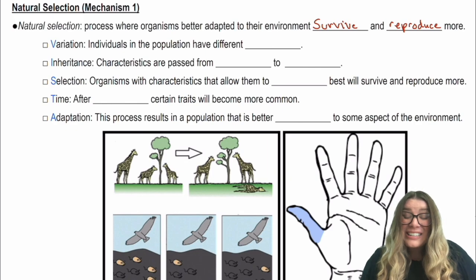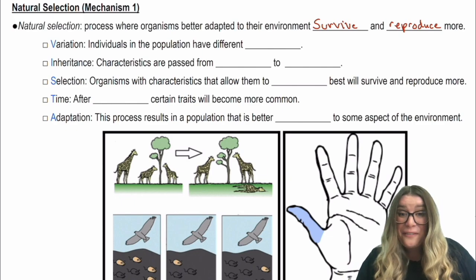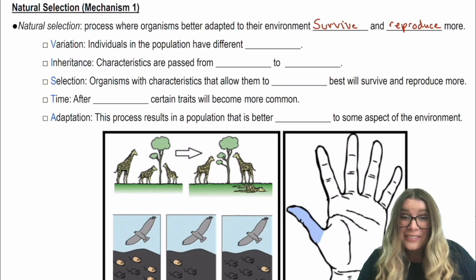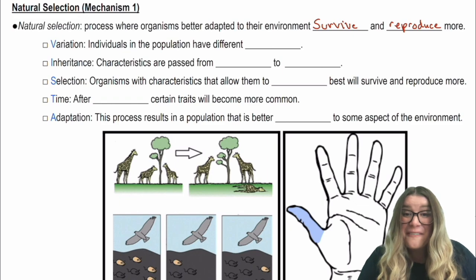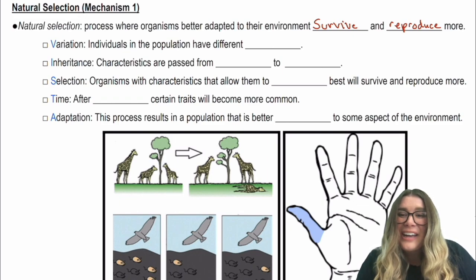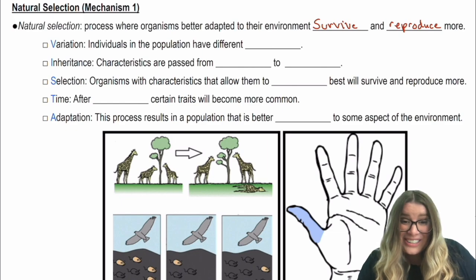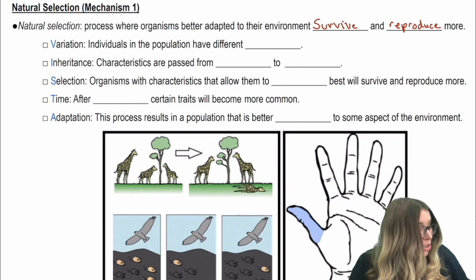Now we're going to see that there's going to be 5 steps for natural selection causing an adaptation. I like to remember the word VISTA to remember these 5 steps. Like I'm staring off in the distance, I'm staring off at that vista. So the first one, the V, stands for variation. Your individuals in your population, they are going to have different traits.